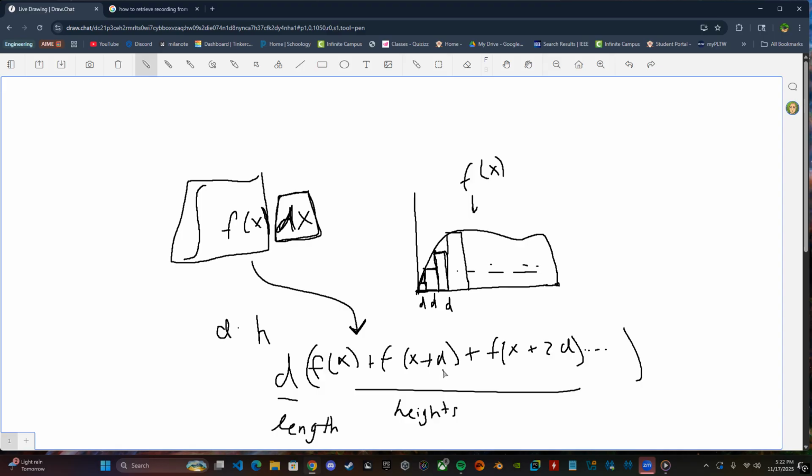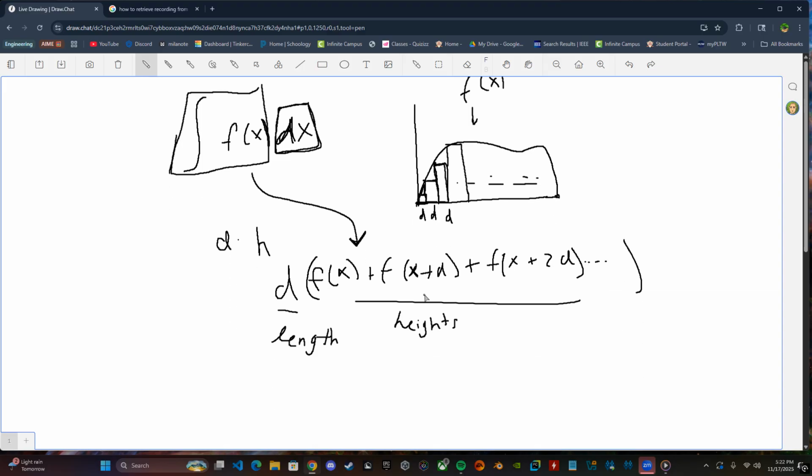So d would be very, very small, and you sum up all of the points on the curve, all of the y values on the curve, if that makes sense. So it's basically the sum of all of the heights times all of the lengths, and that's going to be the area under your curve. I hope this helps. Thank you.